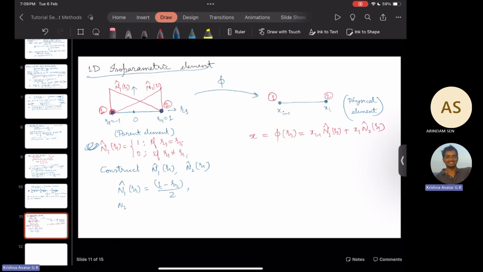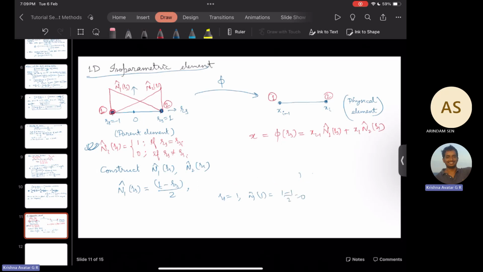Likewise, even n2 hat of xi, and here let's check whether the conditions are met. Say if xi is equal to minus 1, then n1 hat of minus 1 is equal to 1 minus minus 1 by 2, which is 2 by 2, equal to 1. And if xi is equal to 1, then n1 hat of 1 is equal to 1 minus 1 by 2, which is 0.